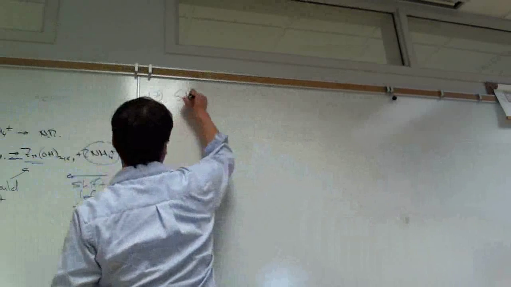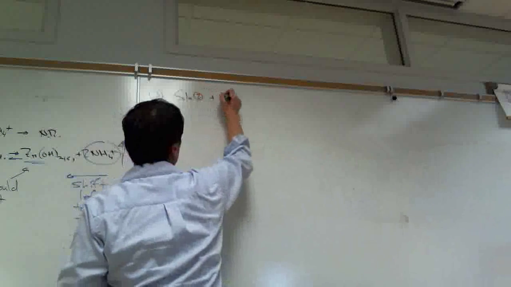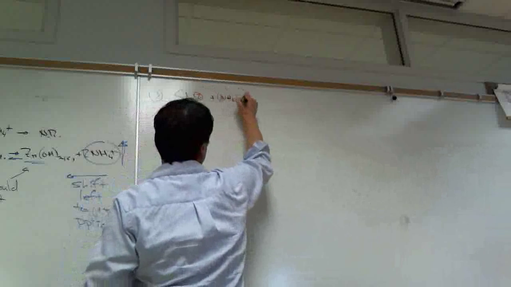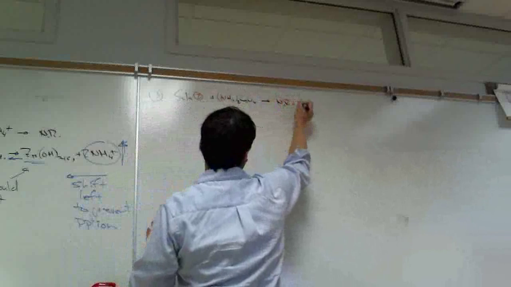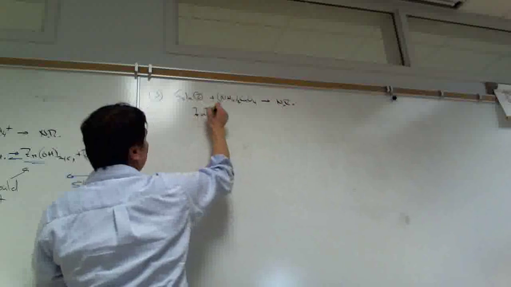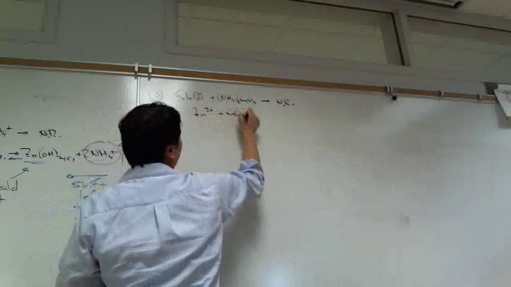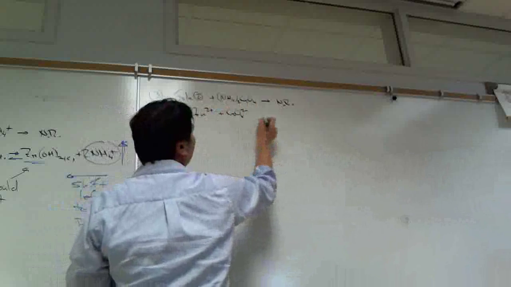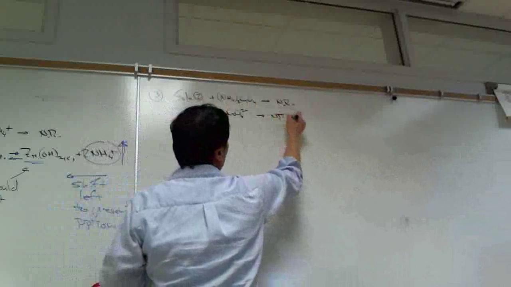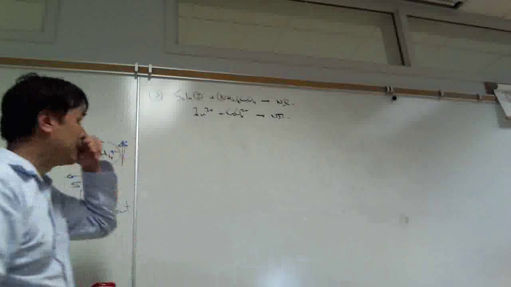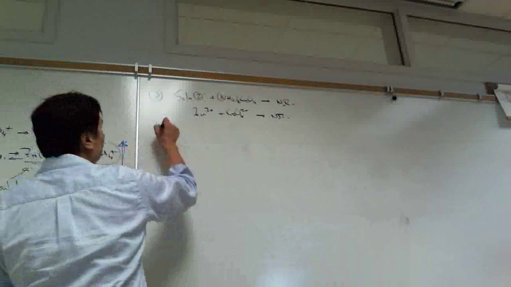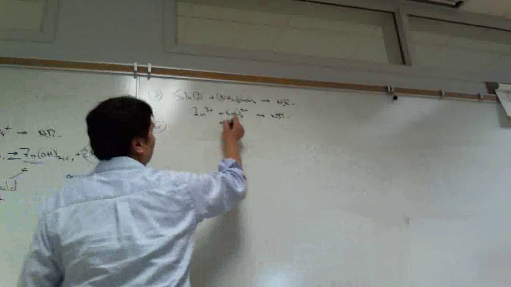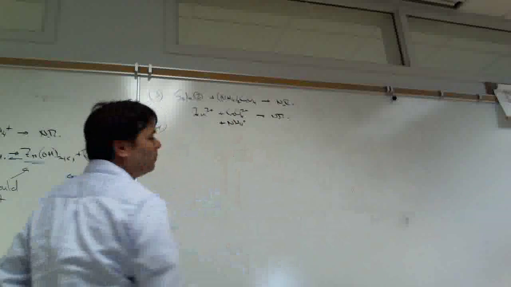We take the solution from 2 and add ammonium oxalate to this, and we get no reaction. And that is because Zn2+ will not react with either ammonium or oxalate ions. NR.